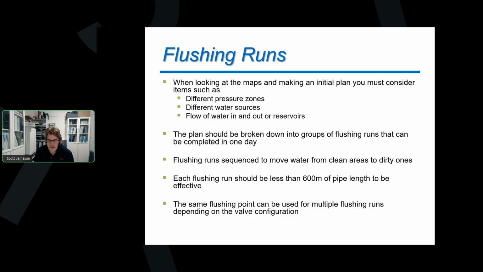Once again, this is just a way to be more efficient out in the field, where I've set up all my diffusers and all my equipment to do this flush. It takes time and effort to take all that stuff off the hydrant or blow off and move to another location and set everything back up again. So if I'm able to do multiple flushing runs from one location, I'm going to try to do that.